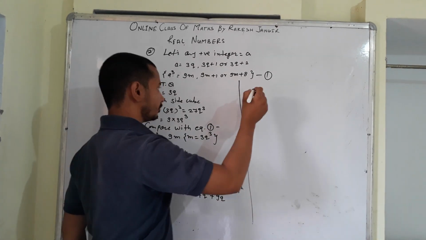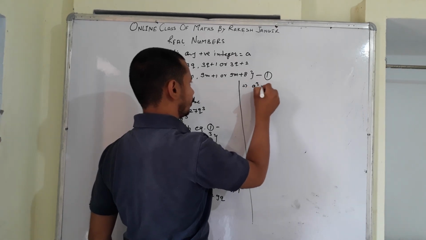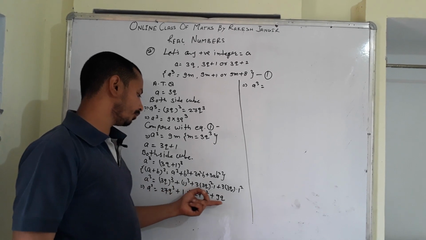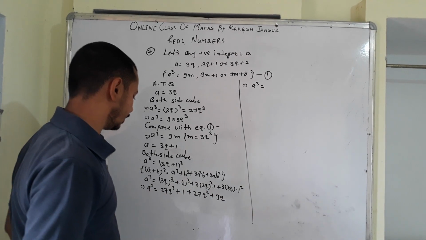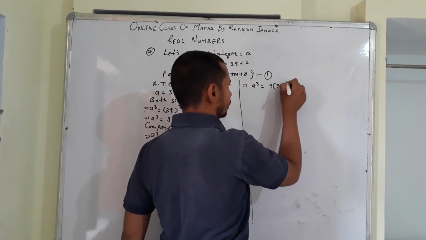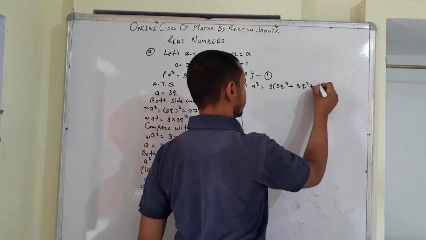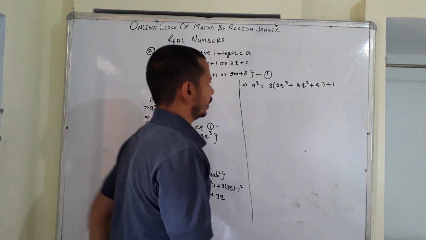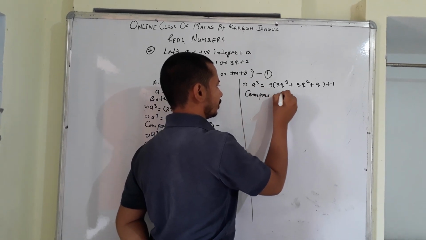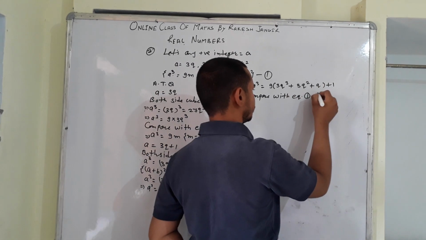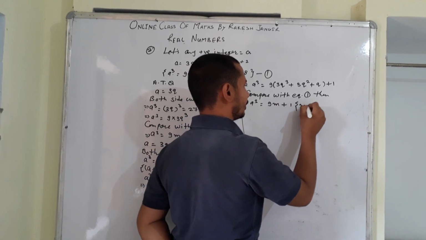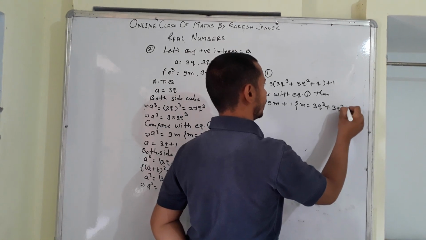Then we find a cube equals, putting 9 common, 9 times 3q cube plus 3q square plus q plus 1, and compare with equation first, then a cube equals 9m plus 1 and the value of m equals 3q cube plus 3q square plus q.